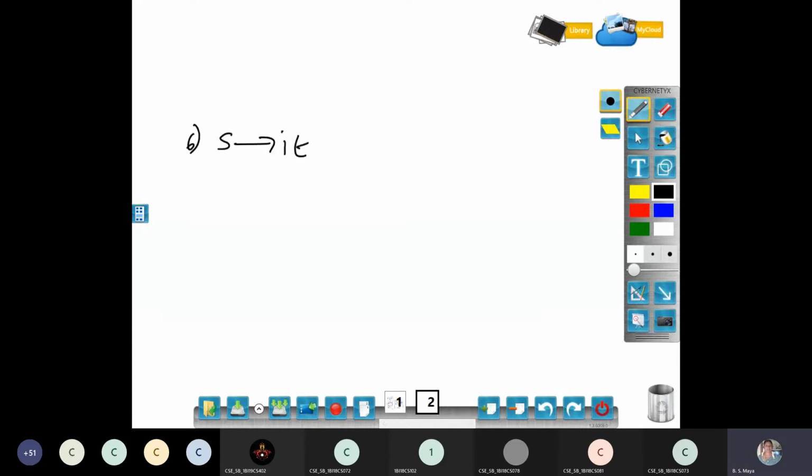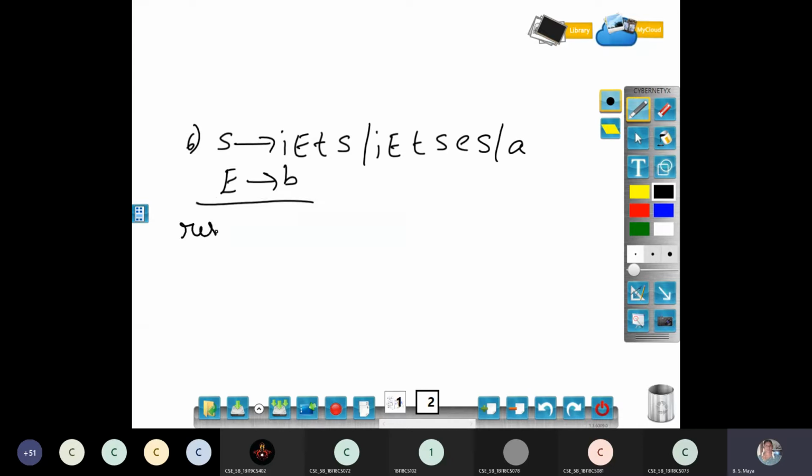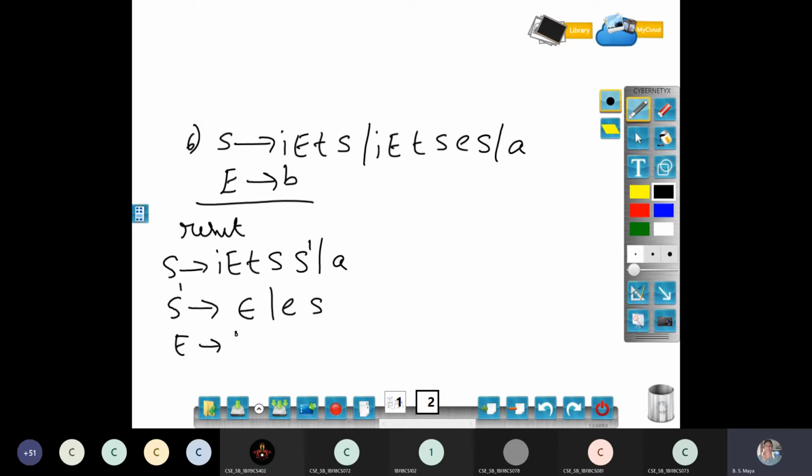You already wrote it, no need to copy, just go to that problem and do it. For this problem, you already removed left factoring. The resultant grammar is S derives iEtSS', S' derives eS, S' derives epsilon, E derives b.